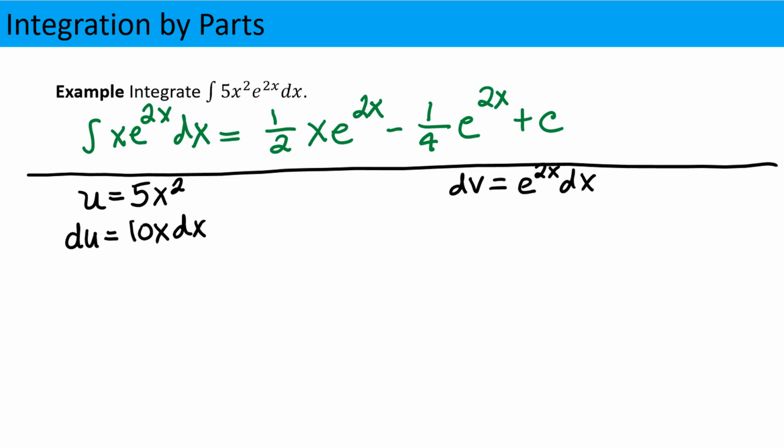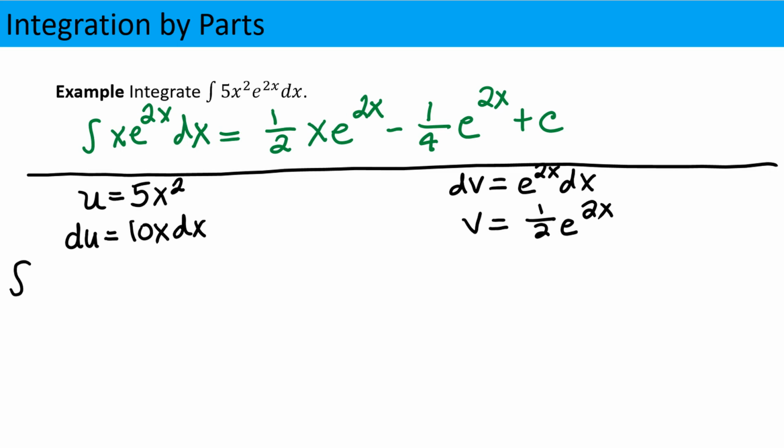To find v, we integrate dv, and that was the very first pre-problem we did, and that gave us 1/2 e to the 2x. Now let's set up the integration by parts formula.